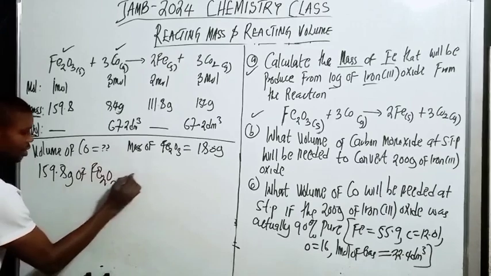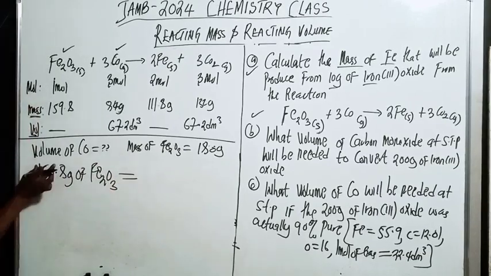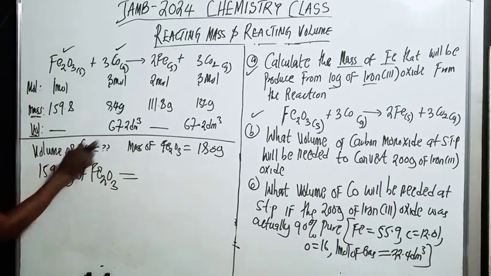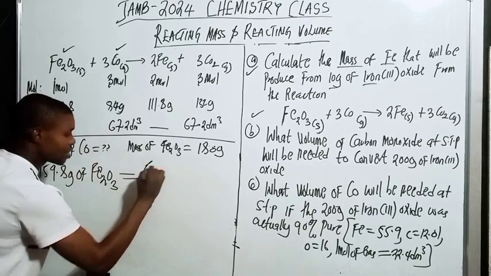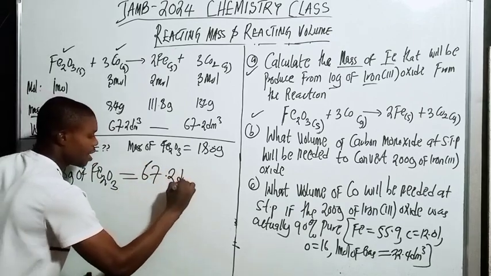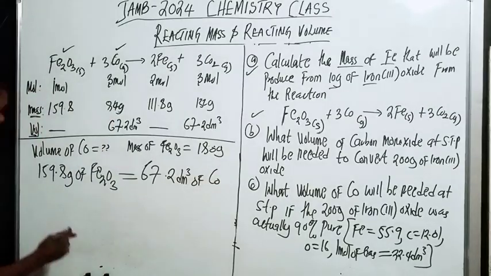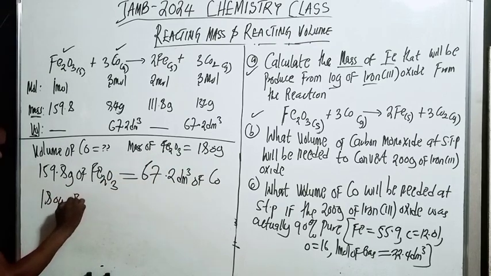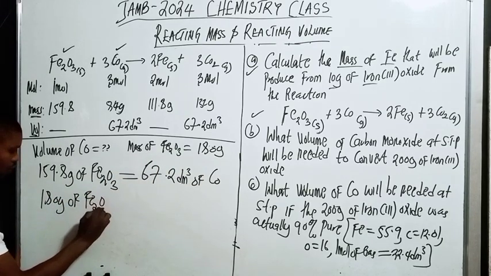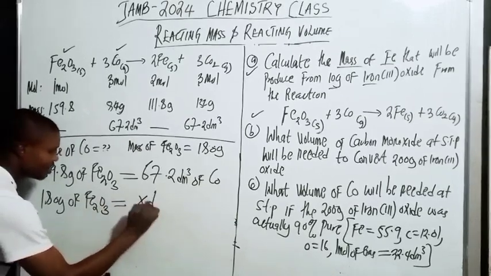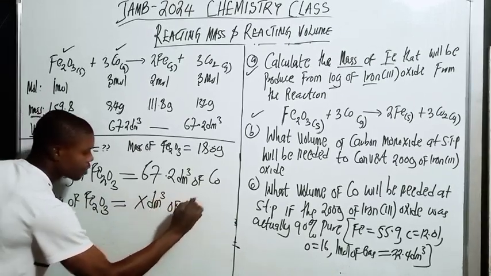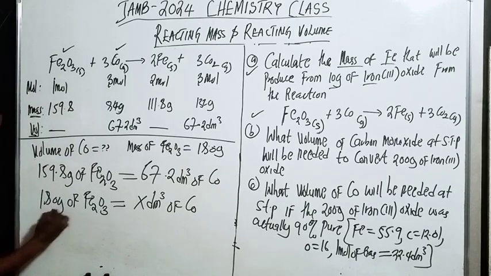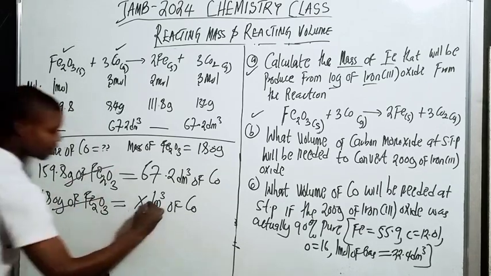Fe2O3, equals the volume of CO, which is 67.2 dm³ of CO, right? Now they gave us 180, the weight we calculated. So 180 grams of Fe2O3 equals x dm³ of CO. Do you see that? This cancels out this, and this cancels out this.